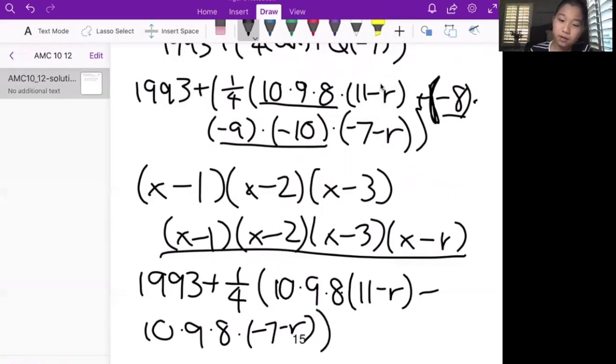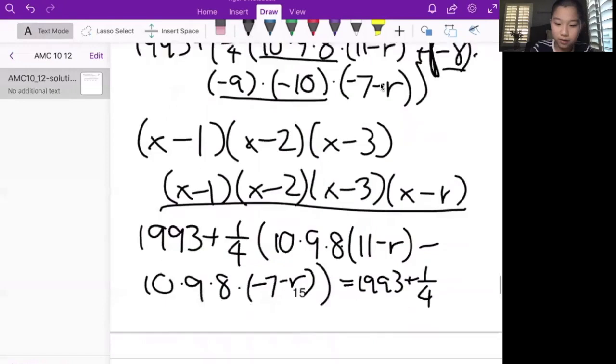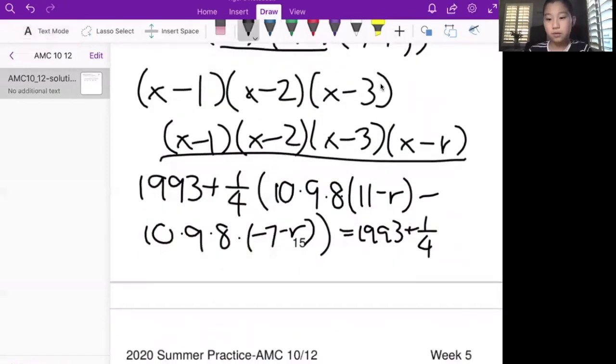So that's equal to 1993 plus 1/4 of 10 times 9 times 8, and then times 11 minus r minus parentheses minus 7 minus r. So that is 18.